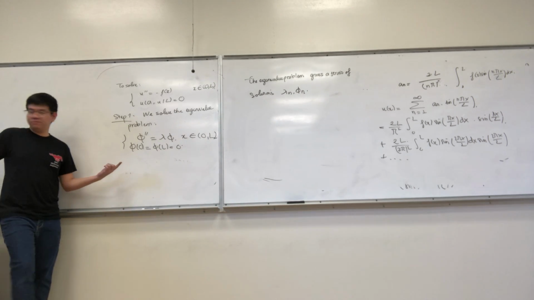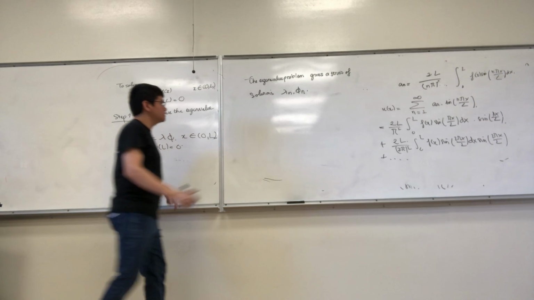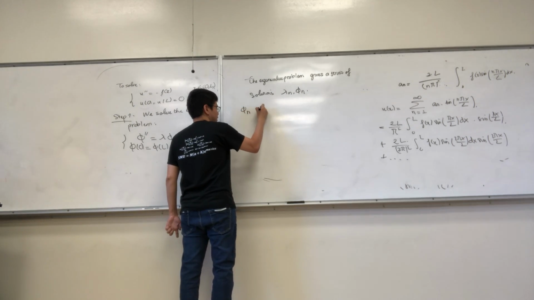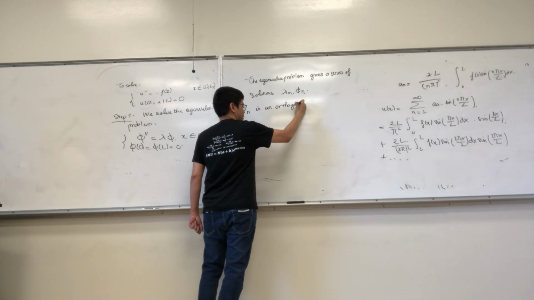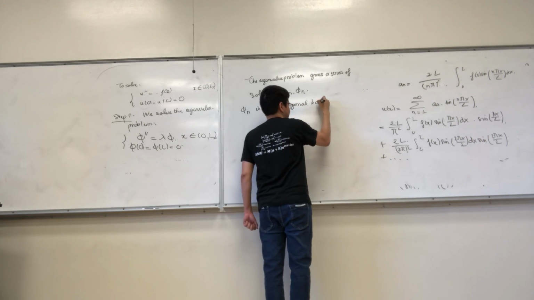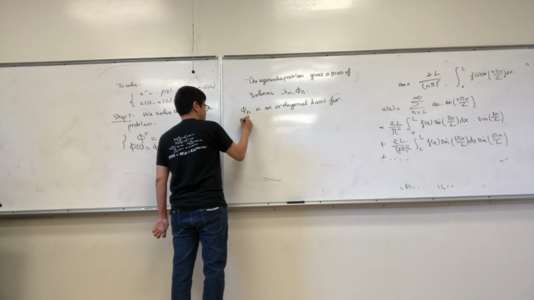Lambda n is the eigenvalue and phi n is the eigenfunctions, right? And this phi n is an orthogonal basis for the solution U.